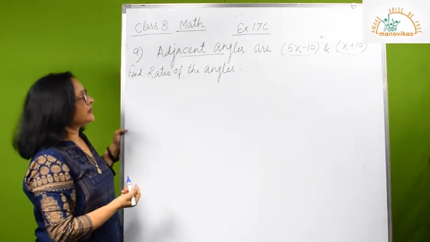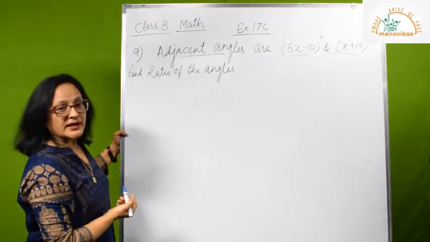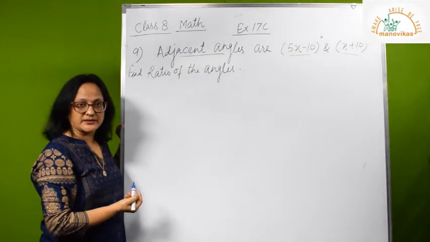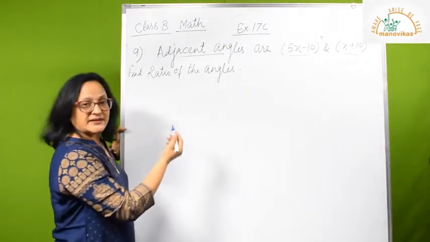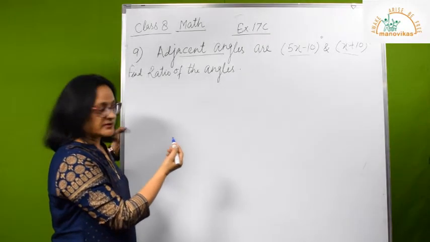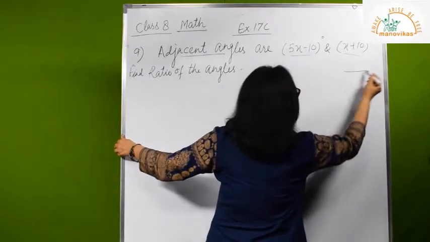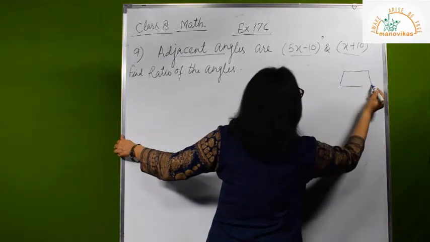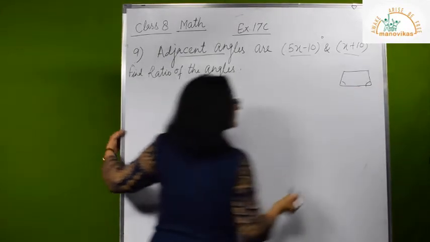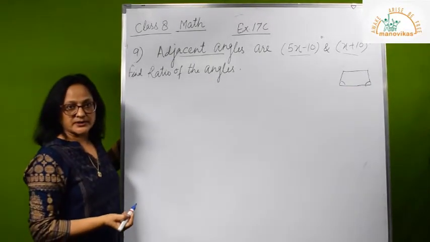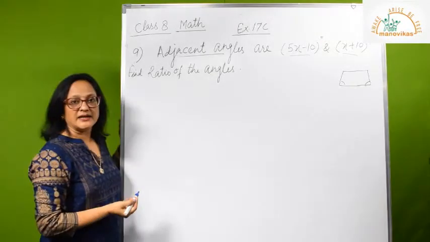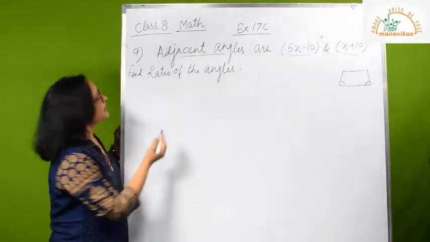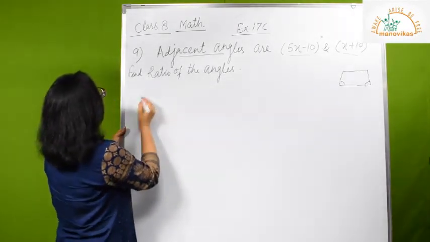And if you remember, what is the property of adjacent angles of a quadrilateral? Adjacent angles are supplementary, right? If you remember, when I explained the adjacent angles of a quadrilateral, they are supplementary. So we will use that property of the quadrilateral, which is a parallelogram.